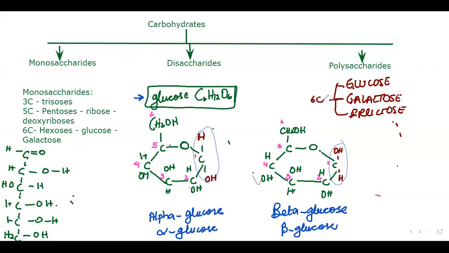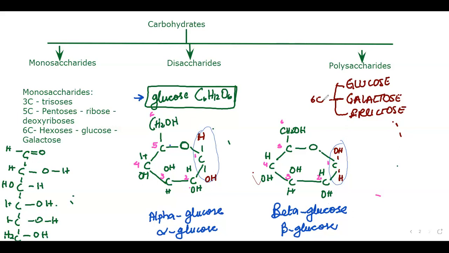Then, of course, like I said, in pentoses, we can have deoxyribose sugar and ribose sugar, right? And we can have a lot of different trioses as well. So these are the monosaccharides that we have.